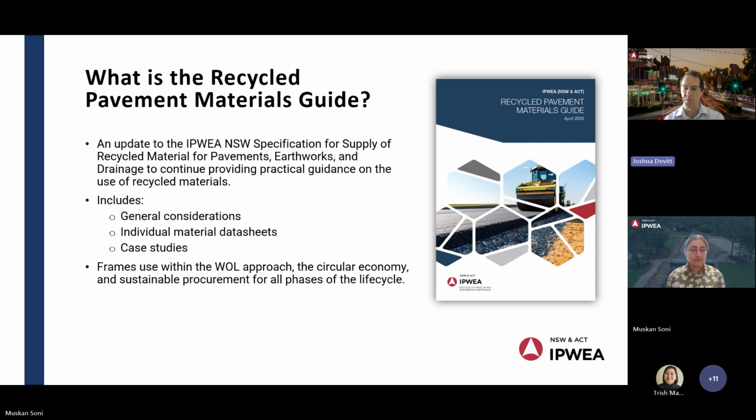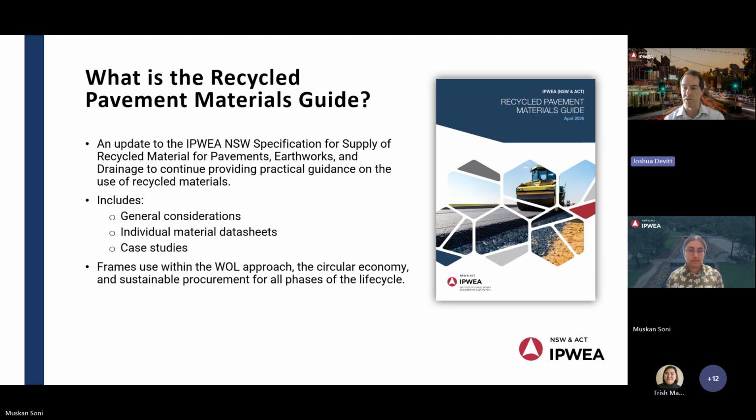We had two previous editions of it, developed in conjunction with the EPA, and it spelled out specific technical guidance around the use of certain types of recycled material in pavements, distribution curves and gradations and the like. We've gone in a slightly different direction with this guide, owing to two factors. The last time we updated the green spec, as it was known, was about 2010, so it's well out of date.